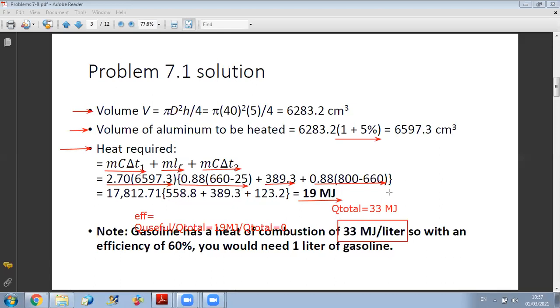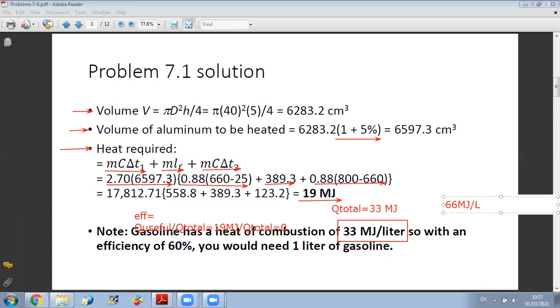Now, in case, for example, you have another type, if not gasoline, for example, if you have another combustible for which the heat of combustion is, for example, 66 megajoule per liter. So what is the volume required then?